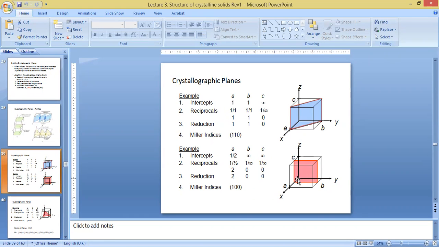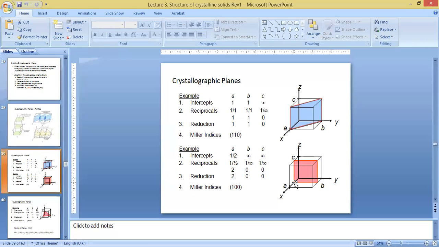Along the x-axis, you move halfway. So B would be 0, or infinity in this case. So the 0 means infinity, like I said, isn't it? If they're parallel lines, then their distance is maintained to infinity. That's why we have the infinity sign there.